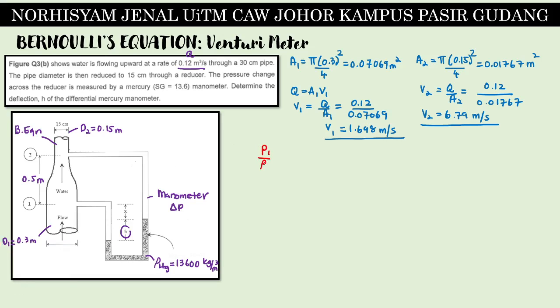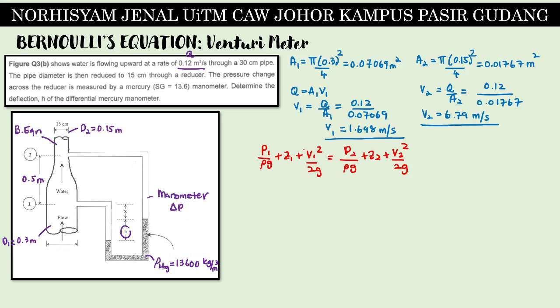P1 plus Z1 plus V1 square over 2G equals P2 plus Z2 plus V2 square over 2G. Okay, so Z1 and Z2, alright, we can see what we can cancel out from here.